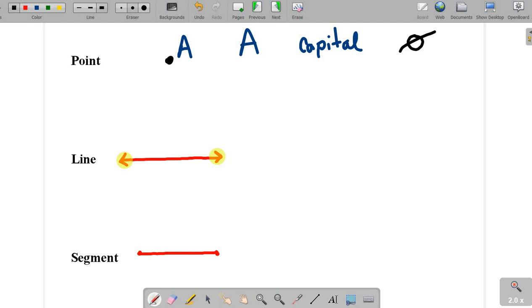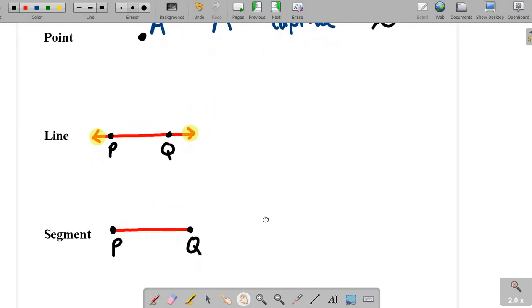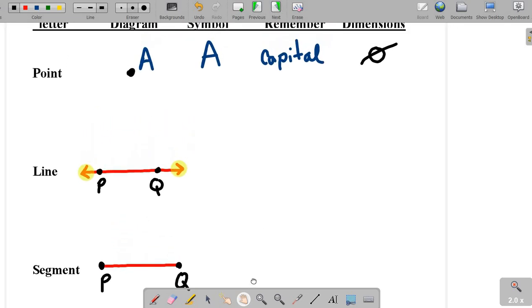So I'm going to mark these two simultaneously. Watch very carefully. We're going to put P and Q right there. That's still a line. And then this is a segment. Looks like the same thing. Watch this notation very carefully. Here we have a line PQ and here we have a segment PQ.